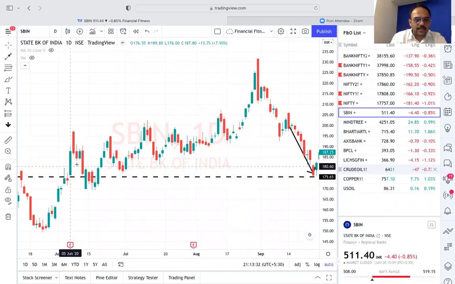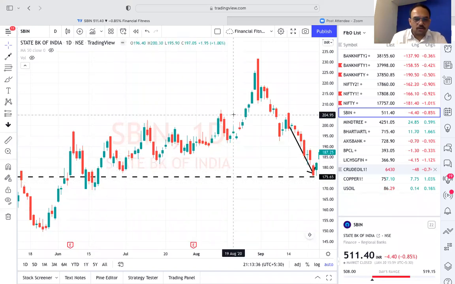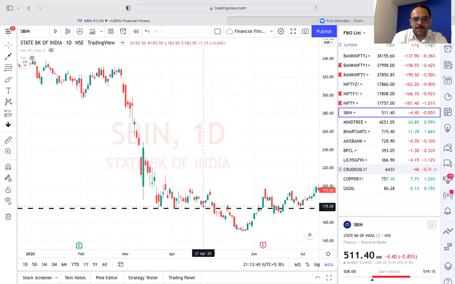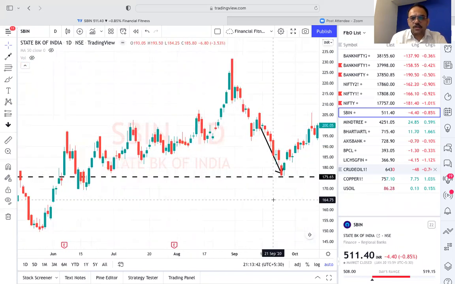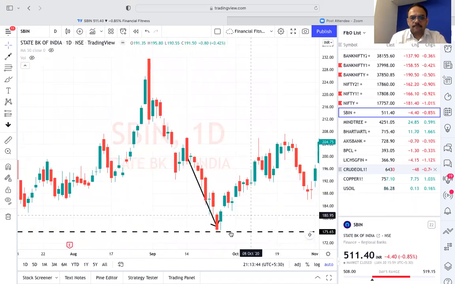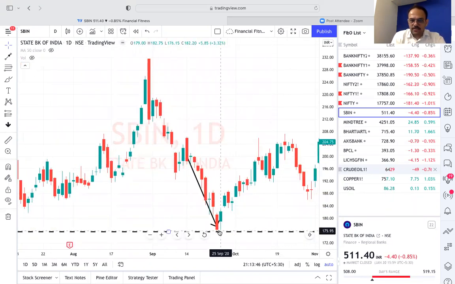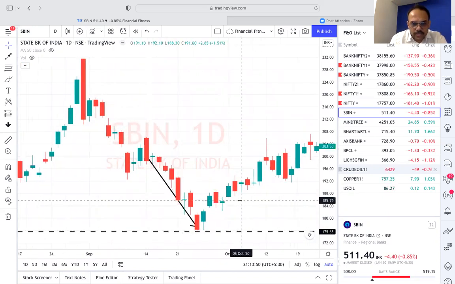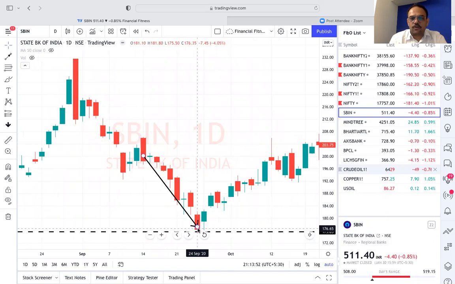Okay, looks like it has support here. Earlier also from this level the price has gone up. Good. This seems to be a support level. Here also in the past it has taken support. Good. So we have a downtrend, we have a level. Then next day, it closed here, a red candle for 24th September.